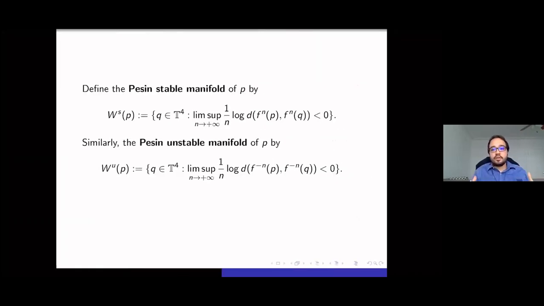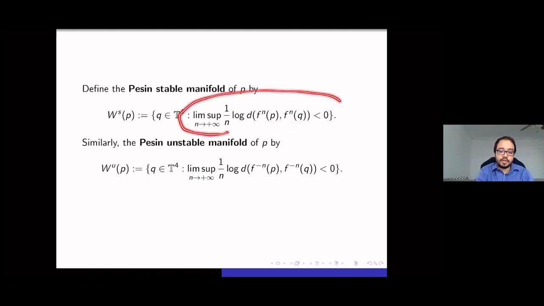So I want to describe a little bit more Pesin theory, Pesin manifolds, and things like this. Let me first define what the Pesin stable manifold is at the point P. This is the set of points Q in your manifold such that if you look at F^n of P and F^n of Q, the distance between them converges to 0 at an exponential rate.